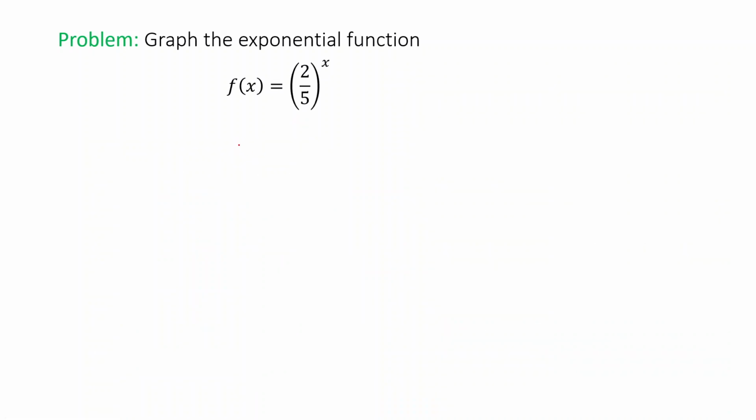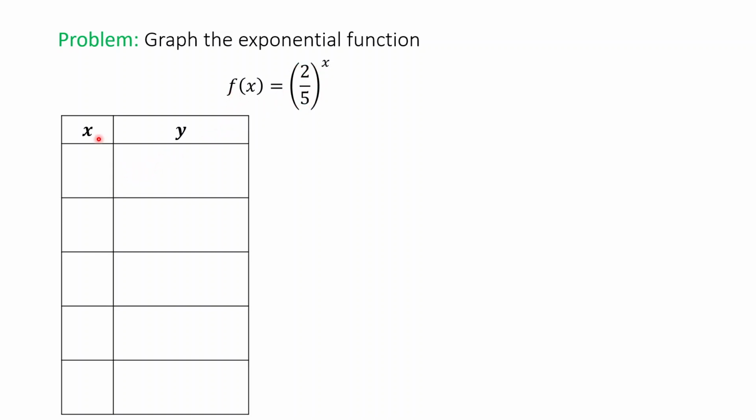Now I am going to draw the graph of this exponential function. Let us make a table. For the x, take 0 as one of the values and take two numbers before 0 and two numbers after 0. You can take -1, -2, 1, 2.